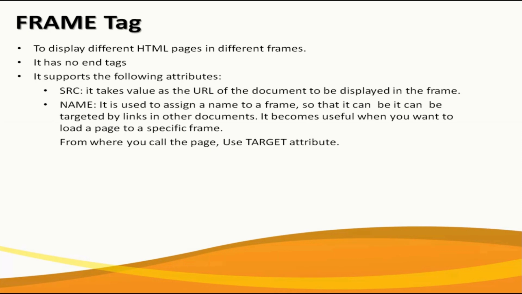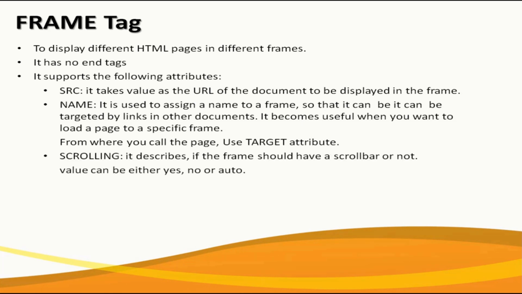It becomes useful when you want to load a page into a specific frame. From where you call the page, use the target attribute there and give the value same as the value of the name attribute. The next one is scrolling. It describes if the frame should have a scroll bar or not. The value can be either yes, no or auto.